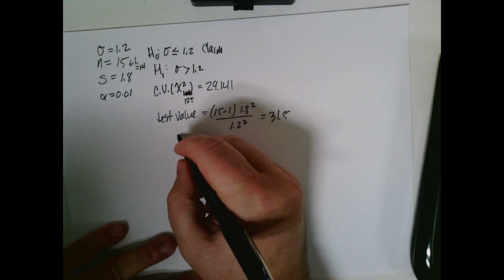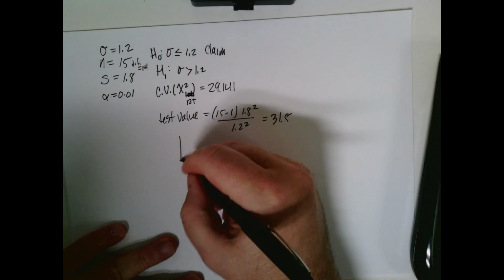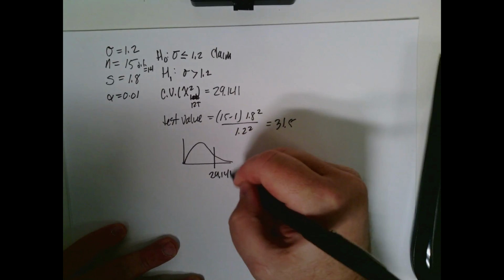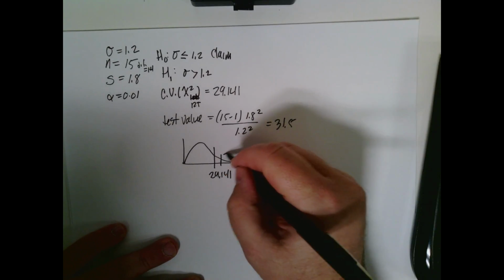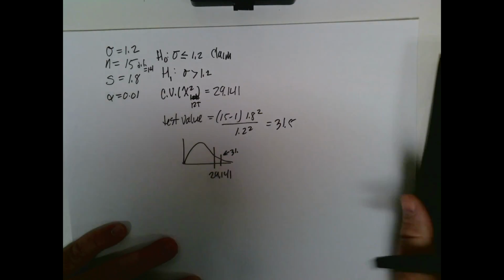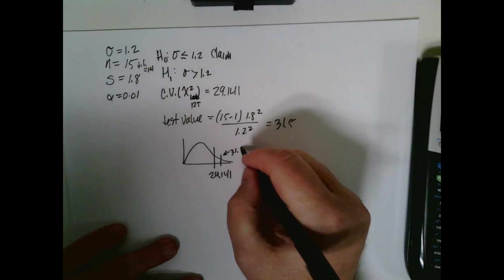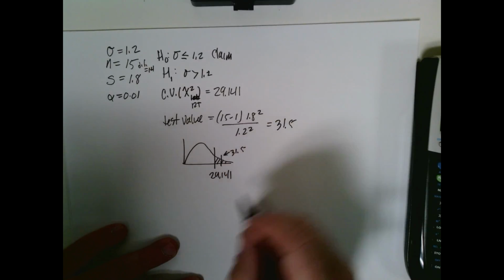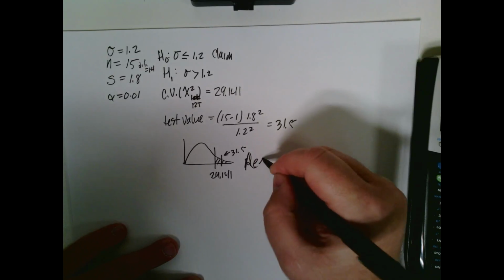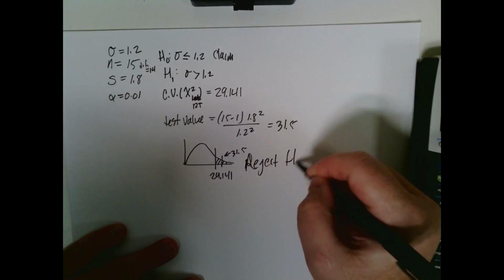Alright, so on our chi-squared table, here's our cutoff is 29.141, and 31.5 is slightly bigger, so it falls in the critical region, so that means we reject the null.